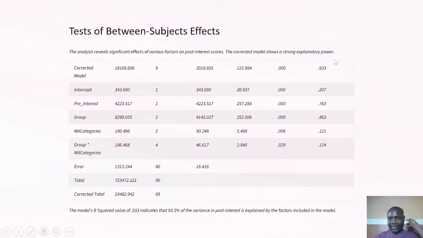This is the effect size, this is the significant p-value, and this side is the df value, if I'm correct.